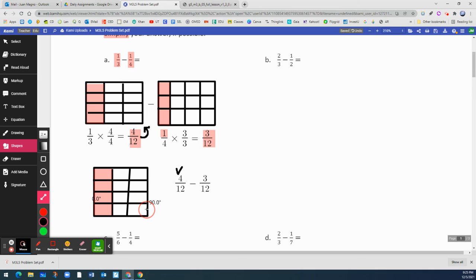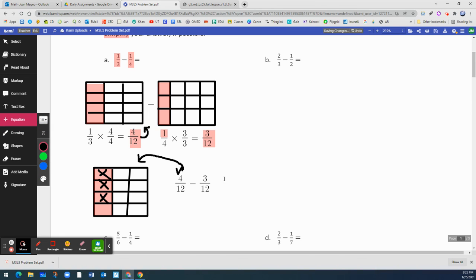Okay, so now notice that this is going to represent this. This is 4/12. Okay, minus, so we're going to minus the 3/12: minus 1/12, minus 2/12, minus 3/12.